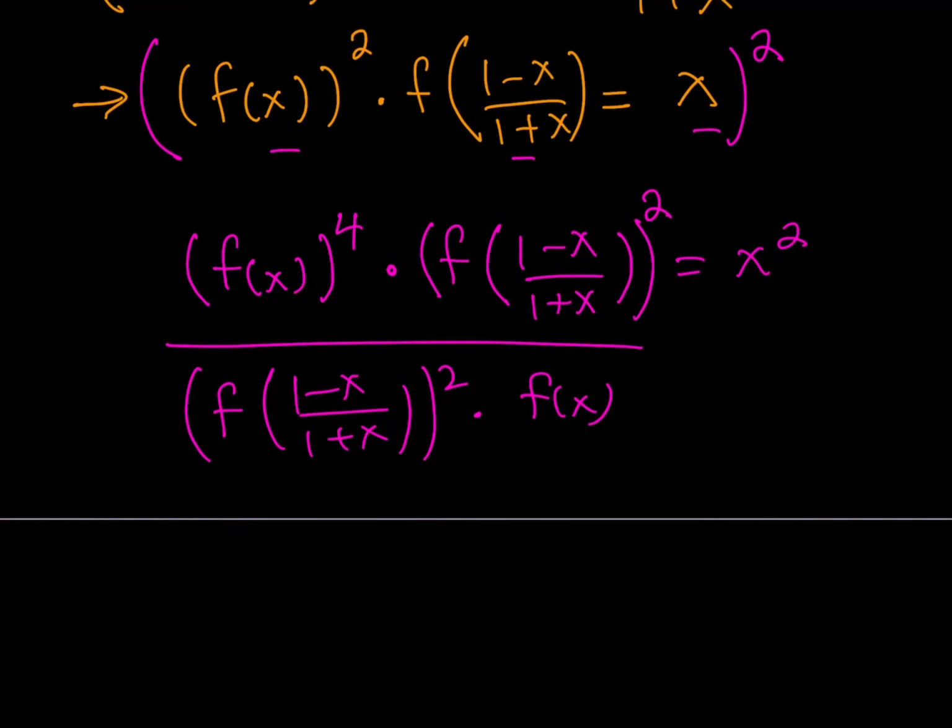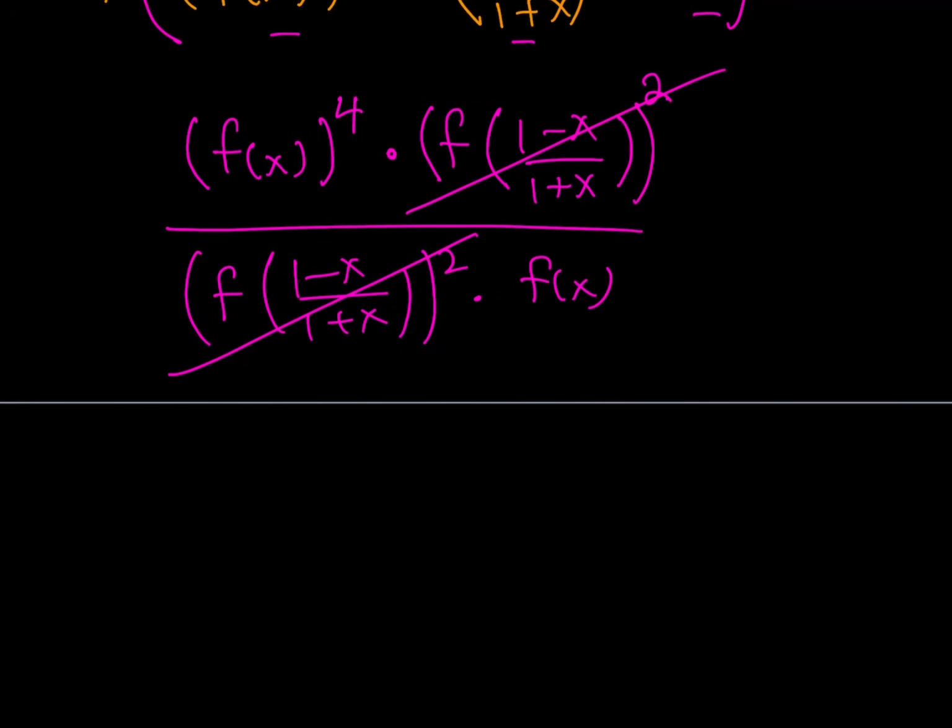So when you divide these, first of all, notice that these two terms are going to cancel out, leaving us with f of x to the 4th power divided by f of x, which happens to be what? f of x cubed, right? So we get f of x cubed from the left-hand side.